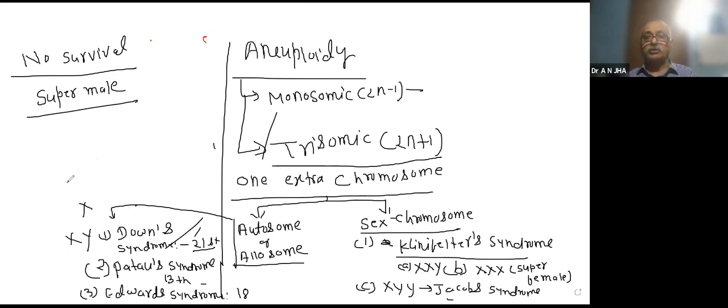Now we have to discuss how it happens and what the symptoms are. The previous year questions of the KVPY are available. If you go through those questions, you will find that surely one or two questions are asked from this part. I have already explained that in the first year.